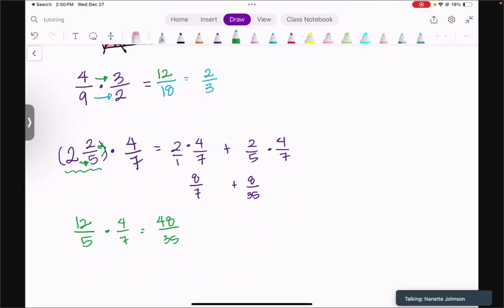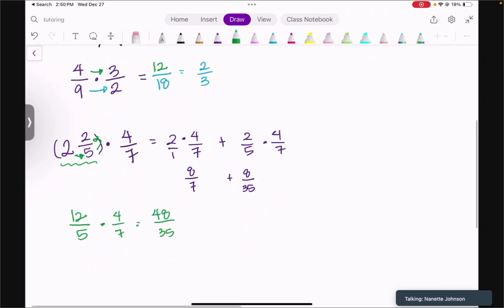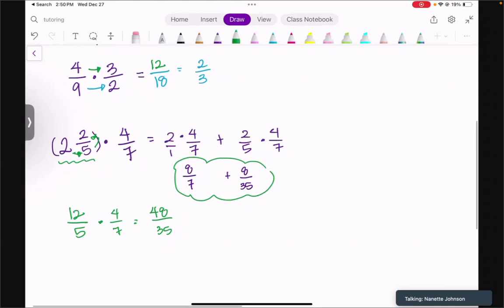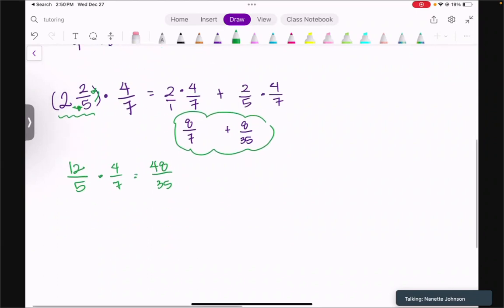So I would see, can I simplify this? 5? No, nope, this is our answer. And so I'd leave it just like that, 48/35. And so we'll show this answer. We'll pause on this part because it actually will come out to be 48/35. And then just in a little bit.